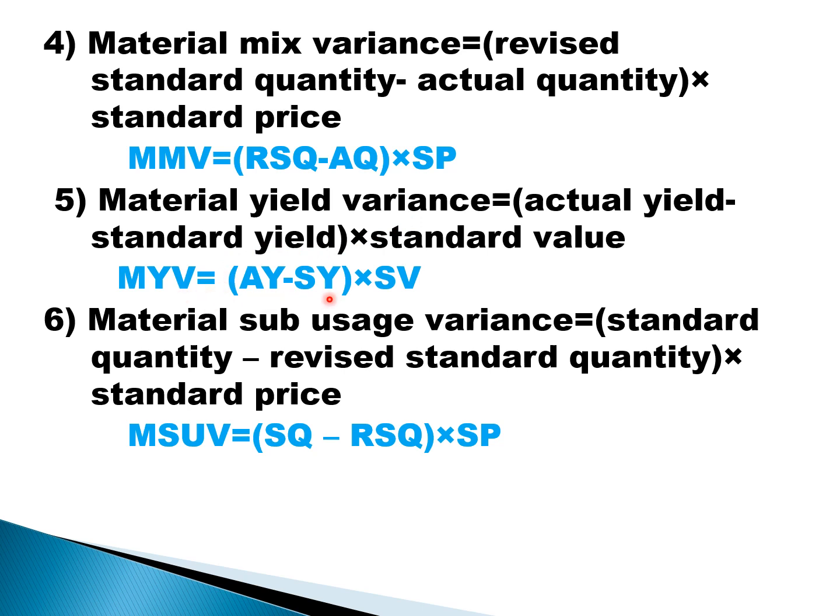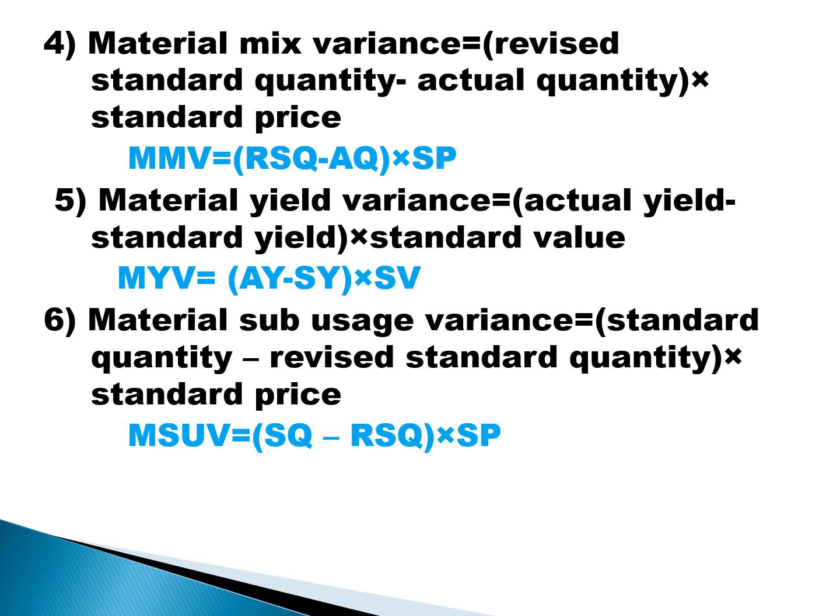AY minus SY into SV, which is called standard value, or we can take standard price also. Next, material sub-usage variance. SQ minus RSQ into SP. That is standard quantity minus revised standard quantity into SP. So these are the 6 formulae that you should keep in mind to solve the problem.